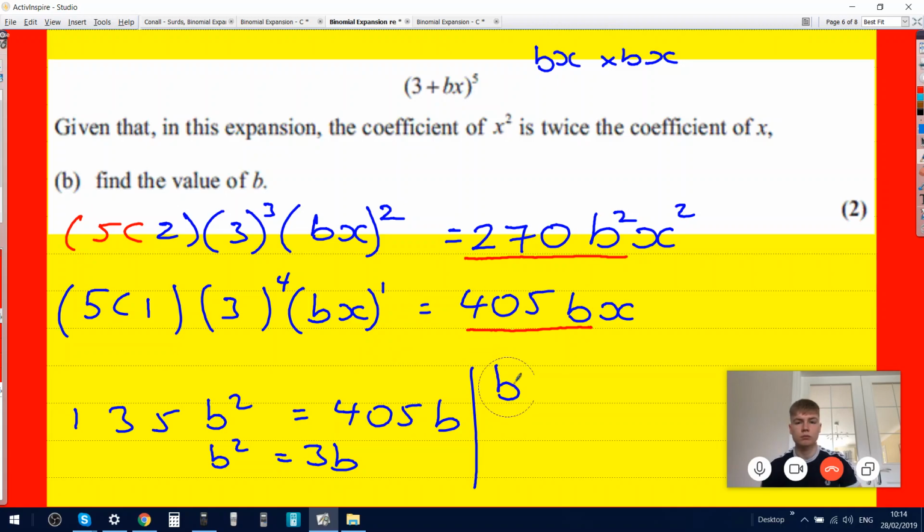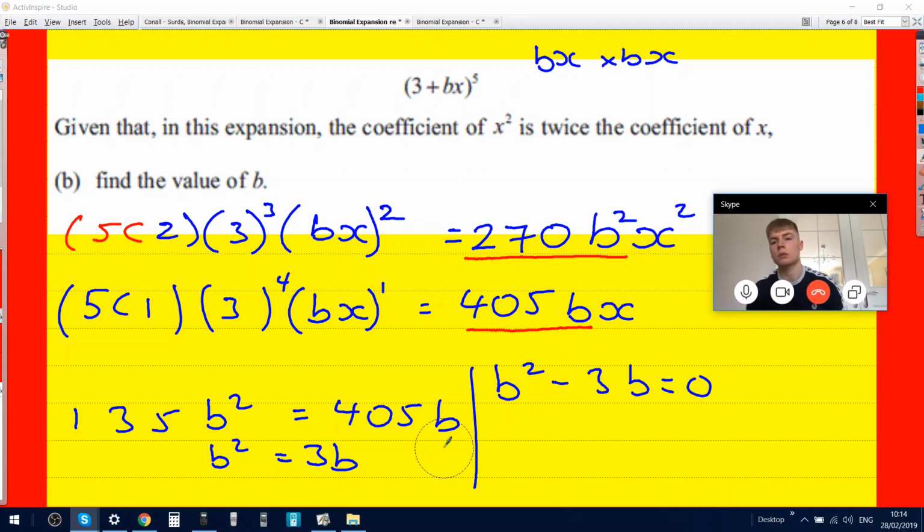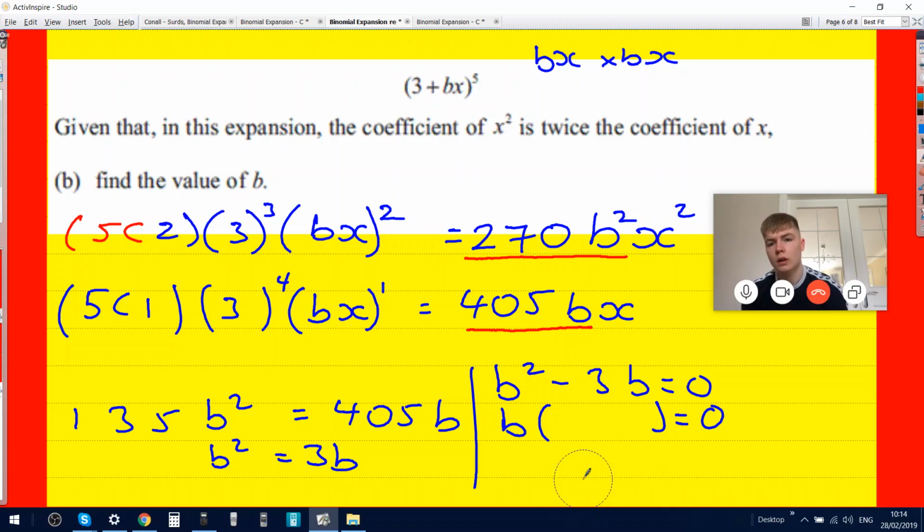Yeah, first you make it equal to 0. And then you factorize. 3B. It'd be first in the bracket. B, and then B minus 3. That's it.